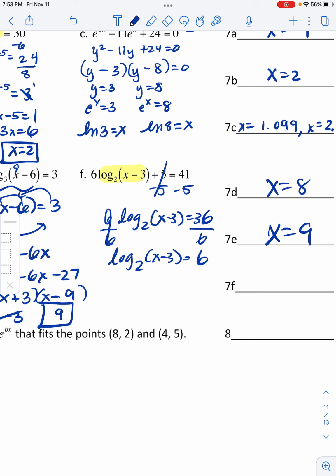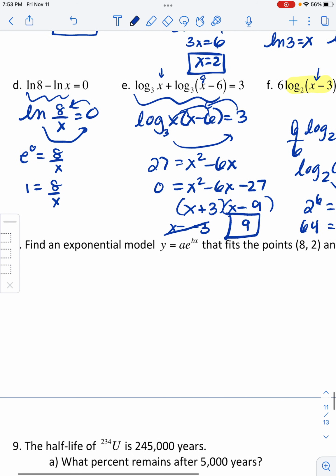Get the log part alone or get the exponential part alone. And then when you're stuck with a log, you change it to an exponent. When you're stuck with an exponent, you change it to a log. So I get 2 to the 6th equals x minus 3. 2 to the 6th is 64. And so when I add that 3 over, I get 67. And certainly 67 minus 3 is still a positive number.